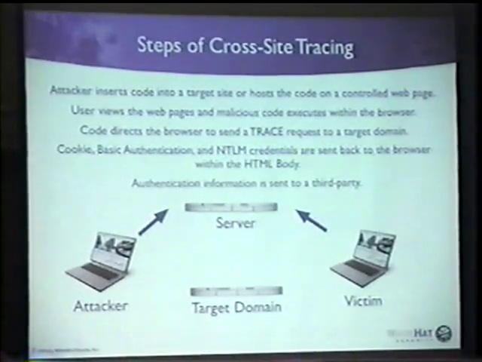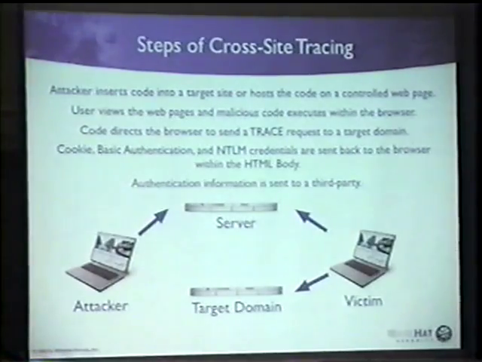The code then directs the browser, via some client-side technology, to send an arbitrary HTTP trace request to a target domain, be it passport.com, bankofamerica.com, whatever domain you want to attack and get their credentials from, the basic auth stuff, their cookies, whatever you want, okay?